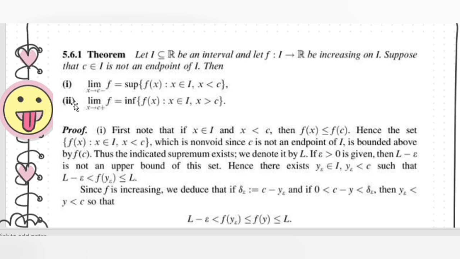And number two, the limit of f as x approaches c from the right is equal to the infimum of the set {f(x) : x ∈ I and x > c}.